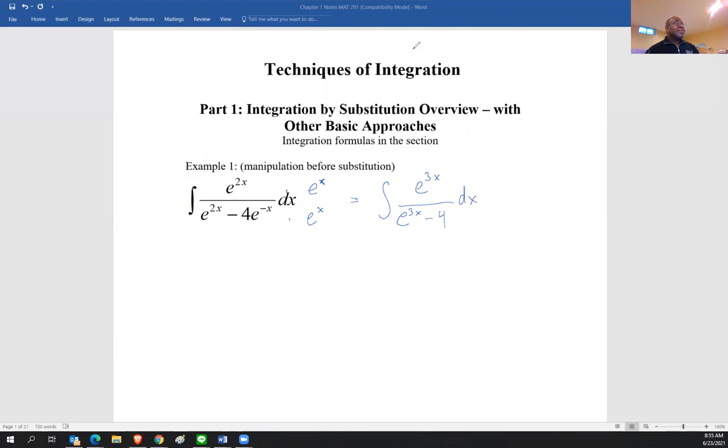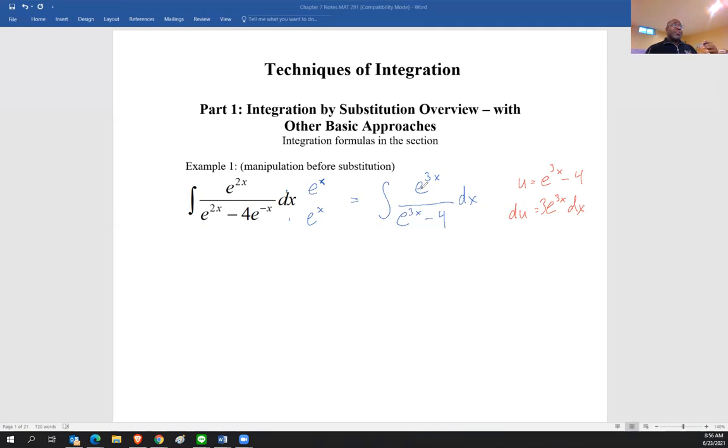Well, the convenience here is that now, if we use substitution, letting u be the denominator, e to the 3x minus 4, then its derivative, du, would simply be 3e to the 3x dx. And we have that e to the 3x factor in the numerator. So here, things work out a whole lot better for the substitution method.